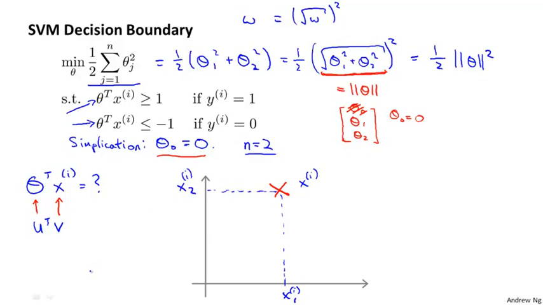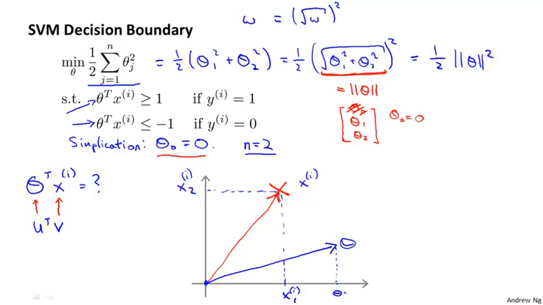That's how I plot my training examples. And although we haven't been thinking of this as a vector, what this really is, is a vector from the origin, from 0, 0, out to the location of this training example. And now, let's say we have a parameter vector theta, and I'm going to plot that as a vector as well.